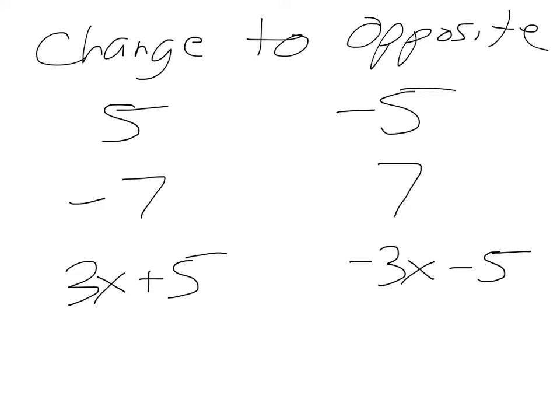Okay, you look at this one. 5x minus 7. What is the opposite of 5x minus 7? I'll give you a second to think about it. Okay, what'd you come up with? Good. Negative 5x plus 7.